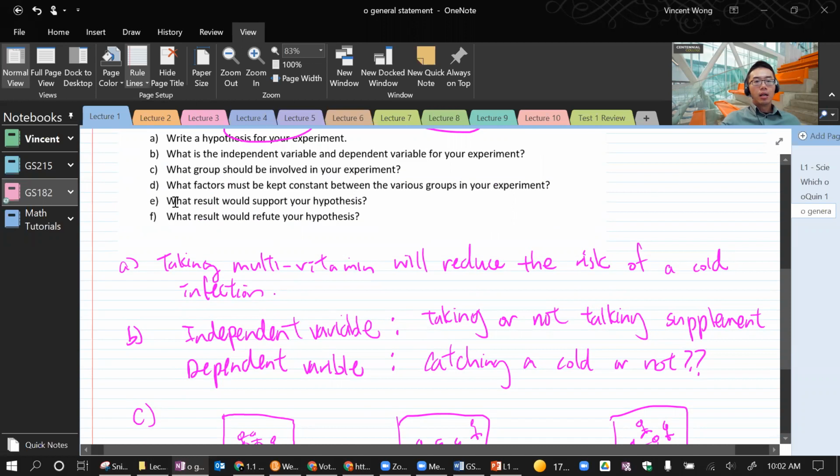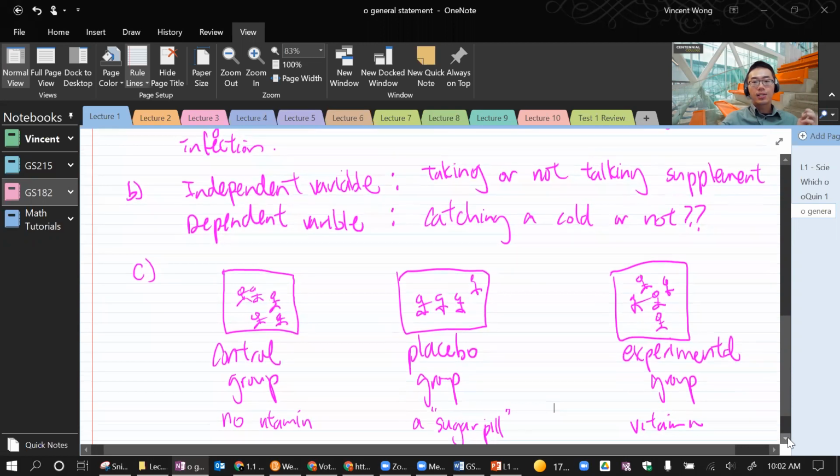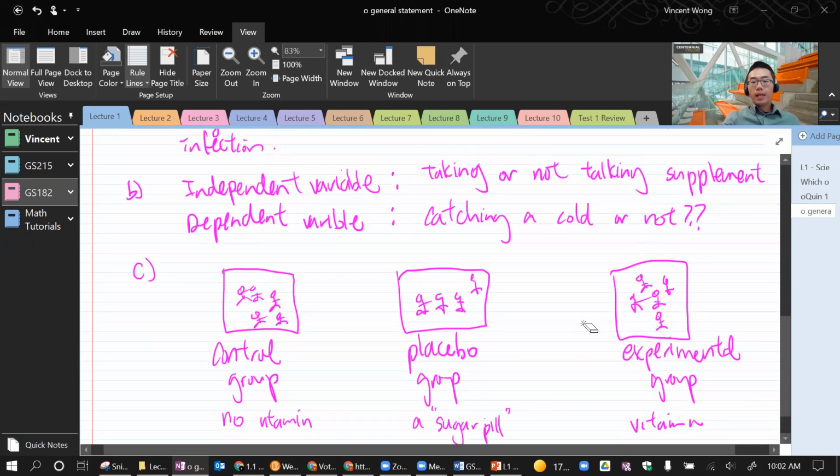Okay, moving on. What results would support your hypothesis? Well, if we choose to say that the vitamin will reduce the risk of cold, then what we should expect to see is the group that is taking the vitamin would have a substantially lower number of cold infections.